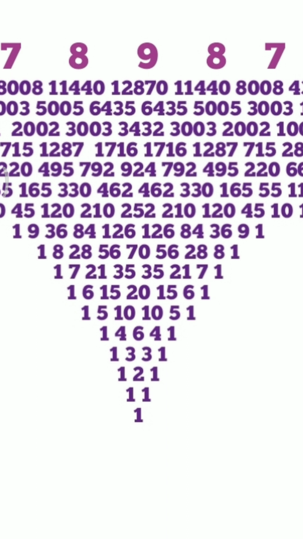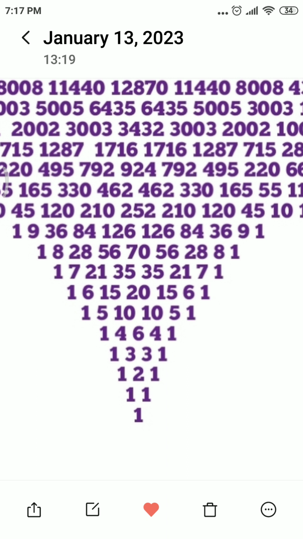Like in binary, the base is 2, and from right to left we give the numbers in terms of ones and zeros, which make up the binary number. Similarly, here the base is 10, so this is 10 raised to 0.